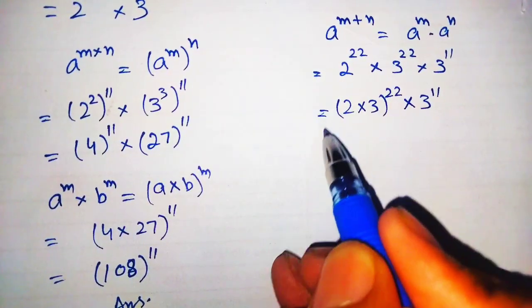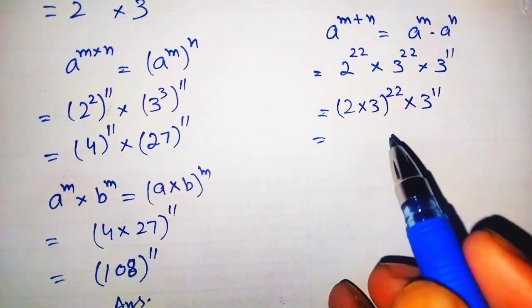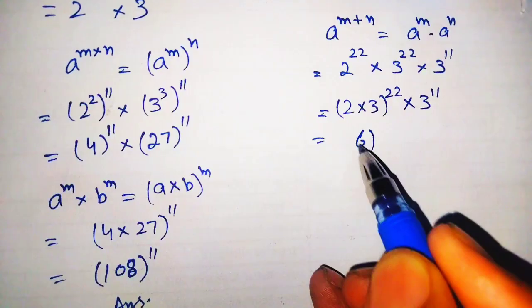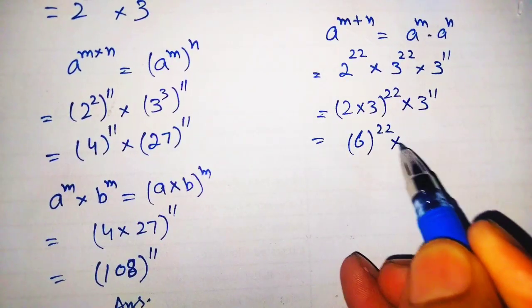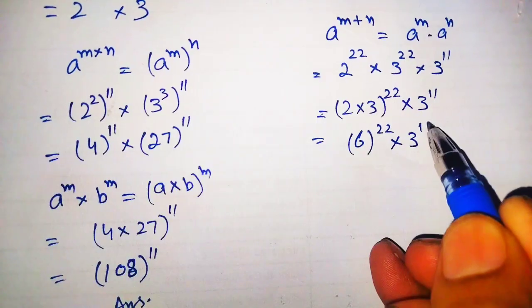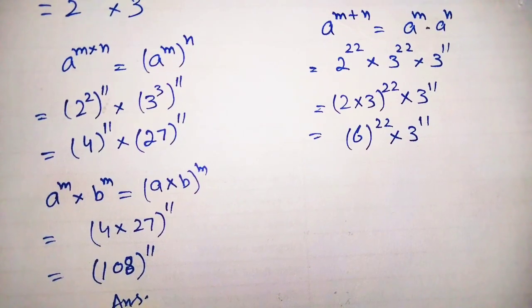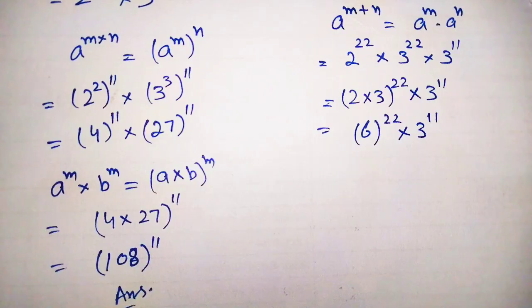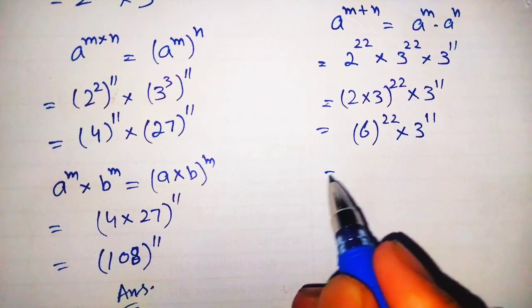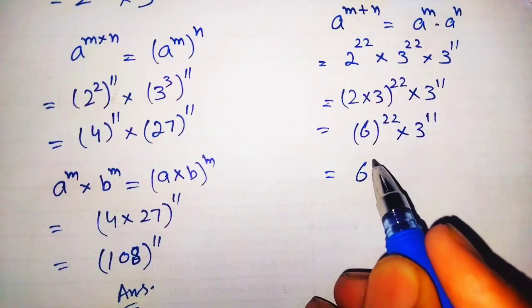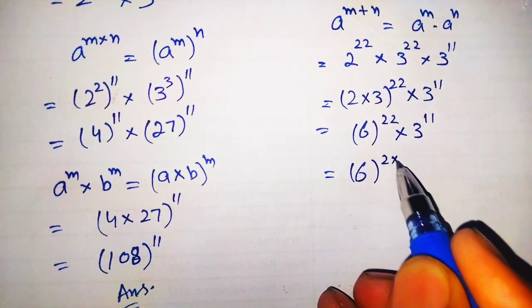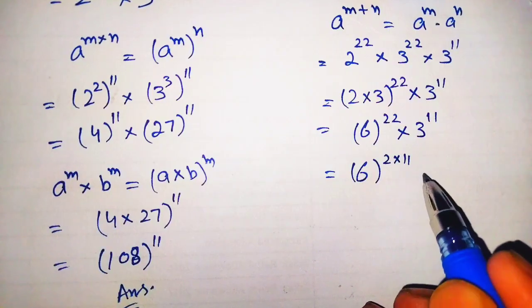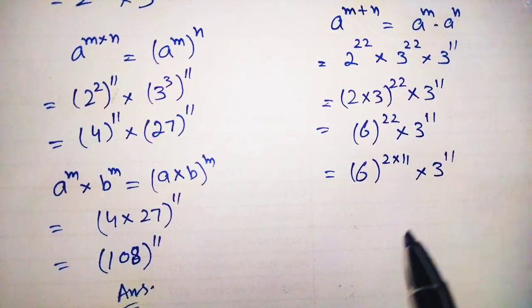Now, after multiplying 2 times 3, we will get 6 raised to power 22 times 3 raised to power 11. Now we will again break this 22 as 6 raised to power 2 times 11, which is equal to 22, times 3 raised to power 11.